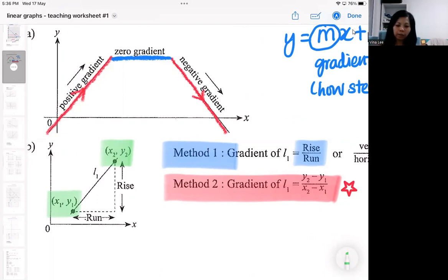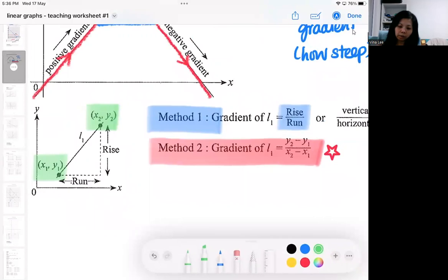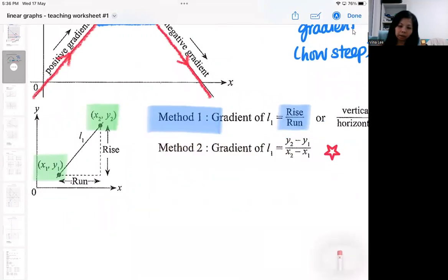Okay, so I'll be showing you how to calculate the gradient. But before that, let's look at the formula first. The top part is the y coordinate. You realize that in the top part, you are subtracting the y coordinates, and in the bottom part, you are subtracting the x coordinates.